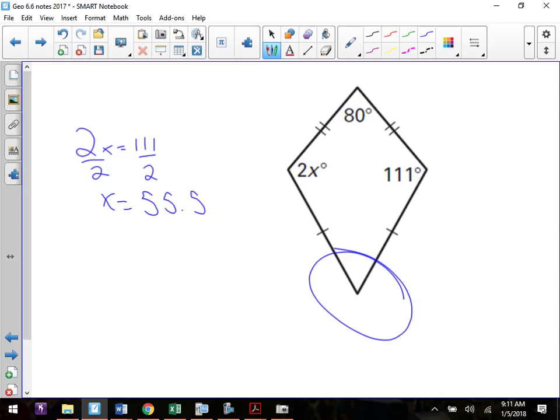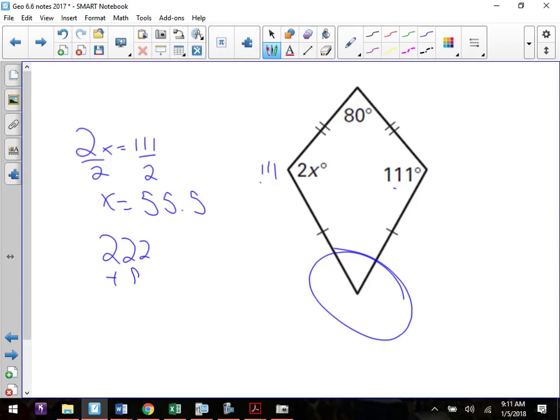It's not going to be 80 because the kite only has one set of congruent angles. Okay. So what happens here is now you have to think about it. You've got 3. Well, 110 and 110 is how much?